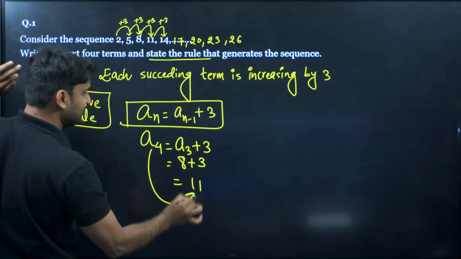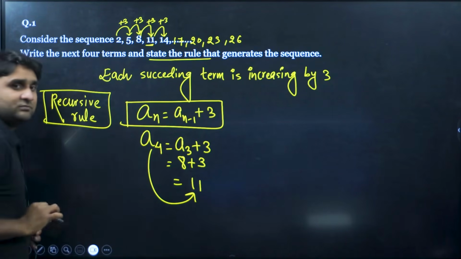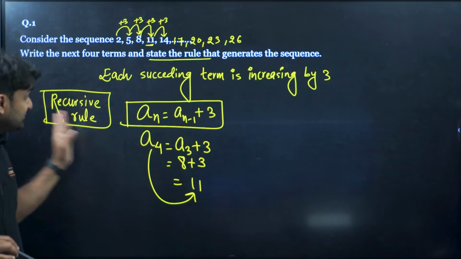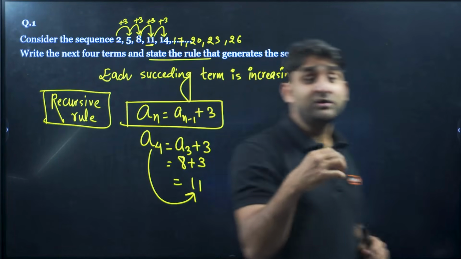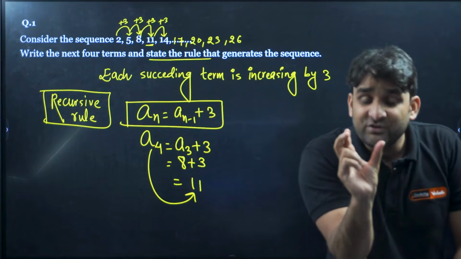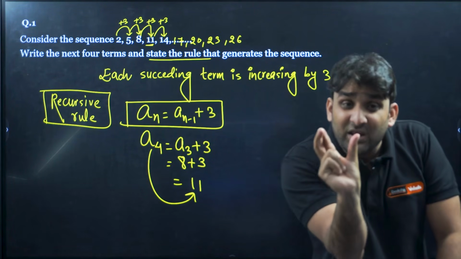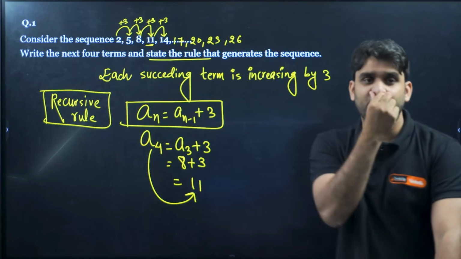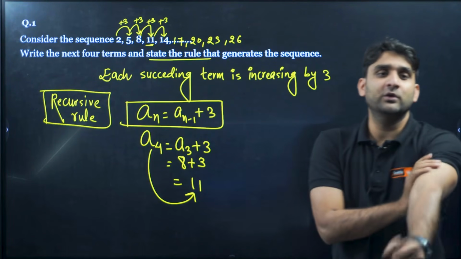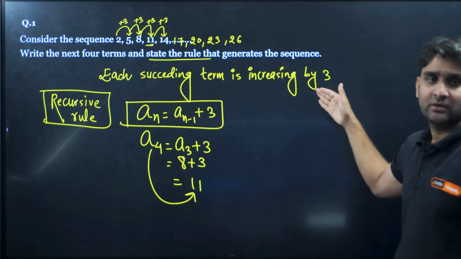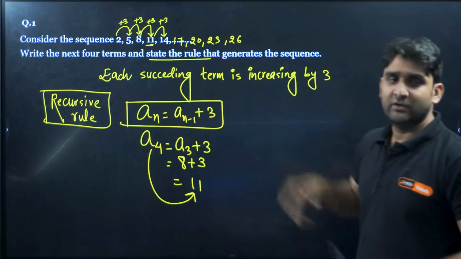And A4 is 11, which is the 4th term. So this rule is being followed, and this is called a recursive rule. A recursive rule is a rule which is followed between neighboring terms. You can apply this rule to any term.